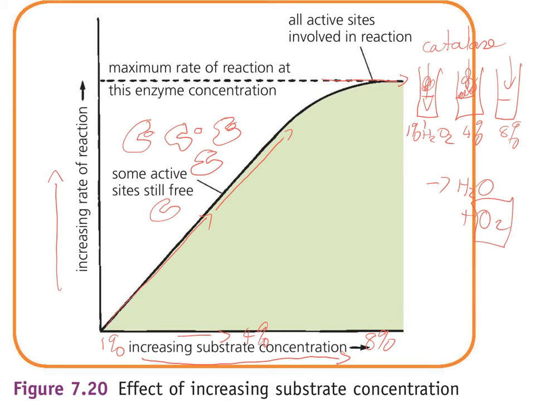But you only change one variable in an experiment, so we're just changing the substrate concentration here. So you get to a stage where the maximum rate of the reaction happens, and that is when all the active sites are involved in the reaction, and you can't make the reaction go any faster than that.